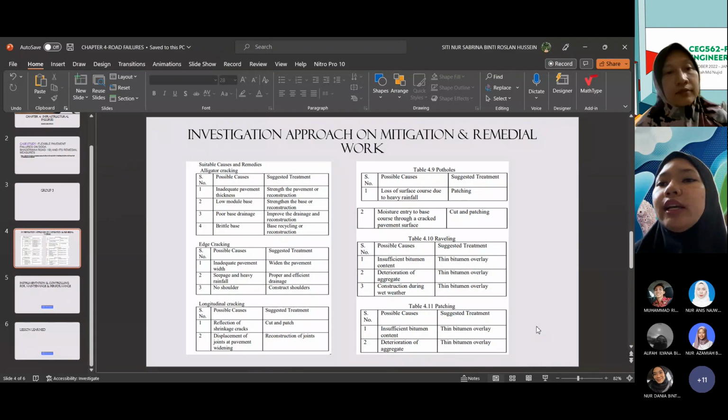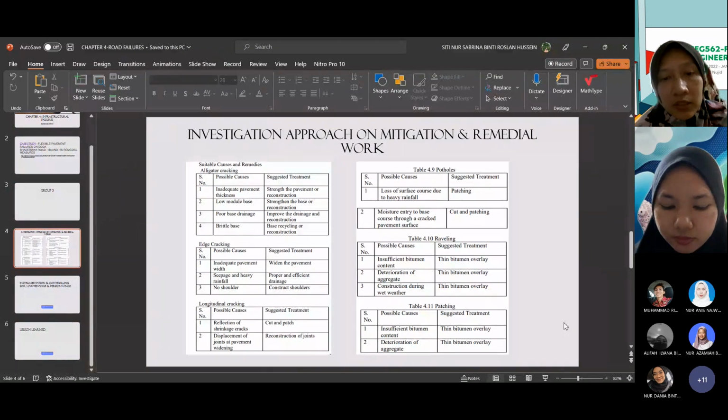Ada length dia, ada depth dia. Okay, berapa dalam artikel tu dia mention? Alligator. Contoh alligator berapa dia punya thickness, lebar dia berapa?